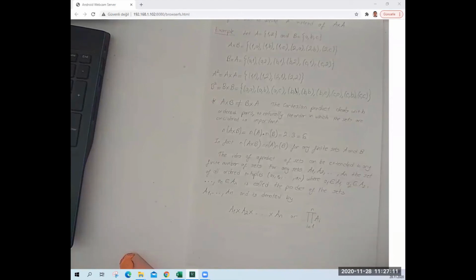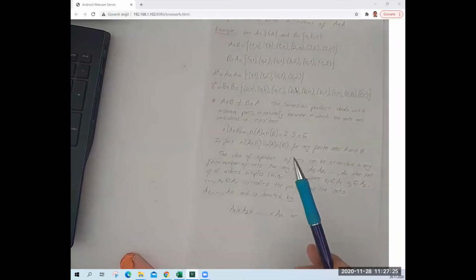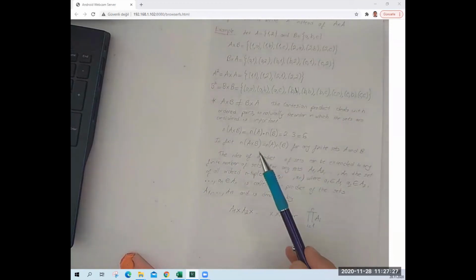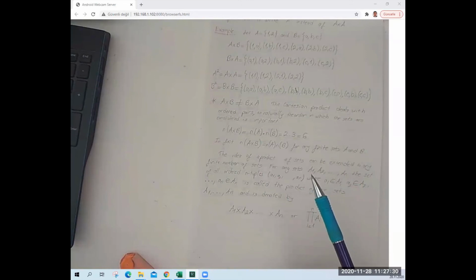Any question? So we saw some relation, and especially we saw a relation as a product, and we write a relation from A to B as a product. And what else?